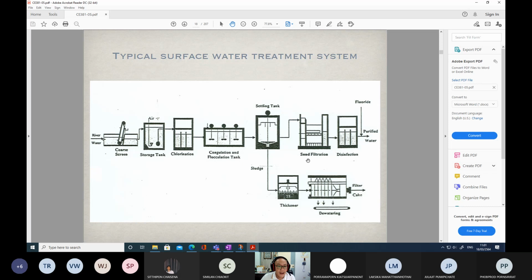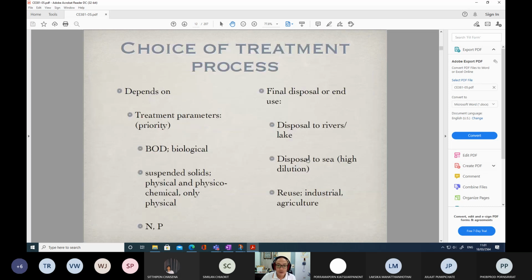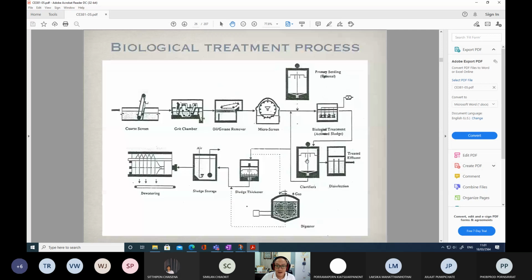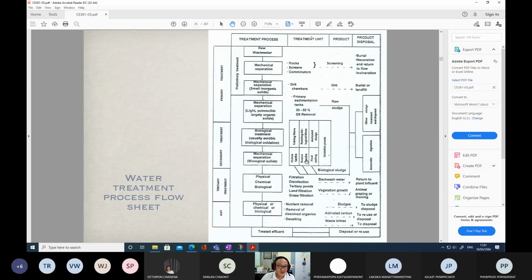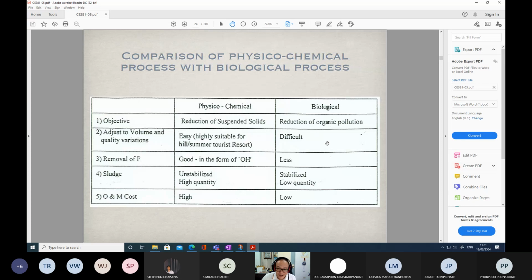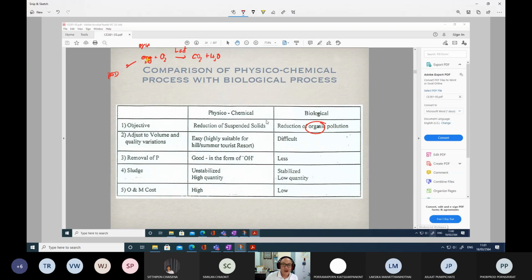If you come back to the wastewater flow rate, we will talk about it in the next few slides. For this one, this will happen in the bioreactor. In the bioreactor, we provide the oxygen.